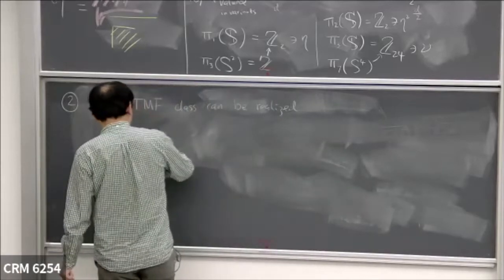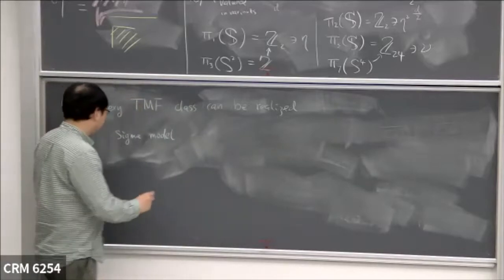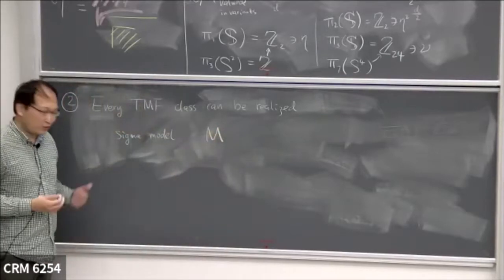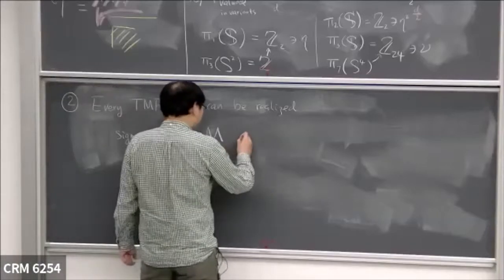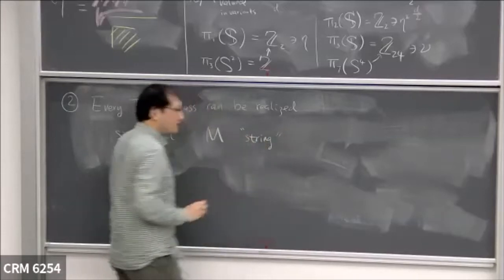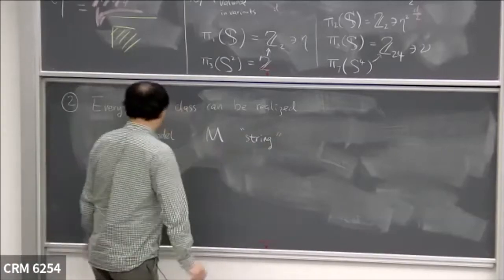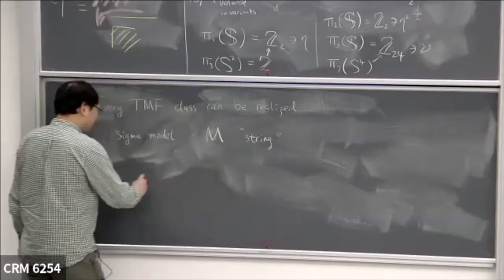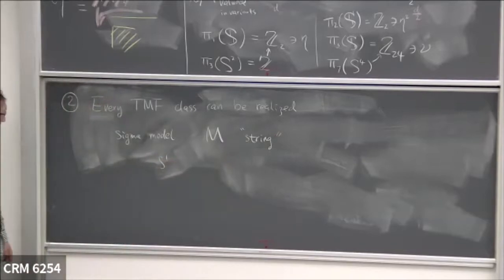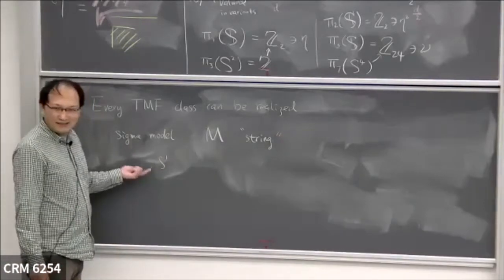Now in 2D, one can also define a sigma model given a manifold, but now there is going to be some requirement. M has to be a string manifold, equipped with a structure also known as a string structure. I will not tell you what that actually means, but in low dimensions there are many basic string manifolds. For example, S1 turns out to be a string manifold, and the choice of string structure is exactly a string structure.